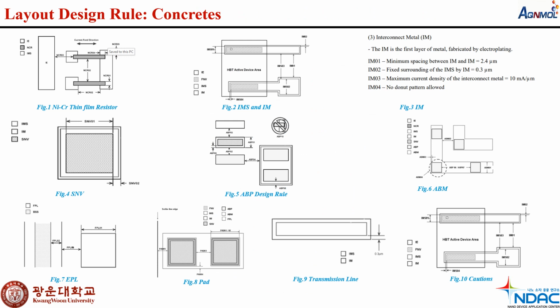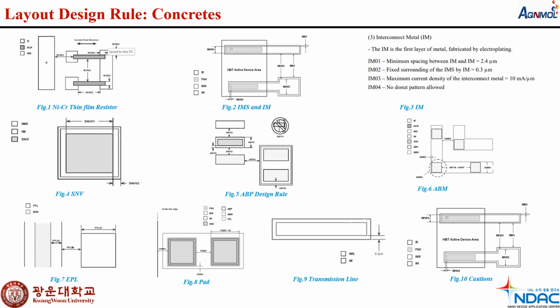In this slide we will focus on concrete layout design rules. Basically, these following design rules are specifications for the process as given by the Kako company. First of all, we can see the nickel chromium resistor, in short NCR.